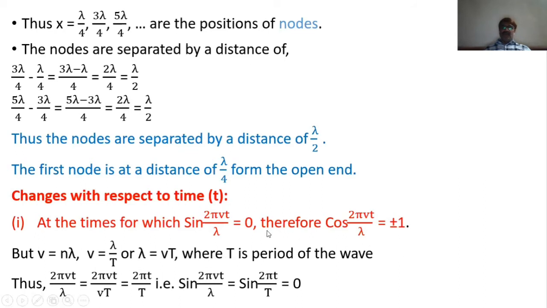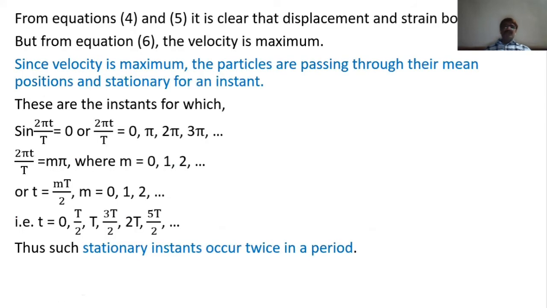If we put lambda equal to vT here, the v cancels out, and we have 2 pi t by capital T. And in this way, we have sine 2 pi vt by lambda as sine 2 pi t by capital T, which we consider here as a first case equal to 0. And when the sine function is 0, okay.